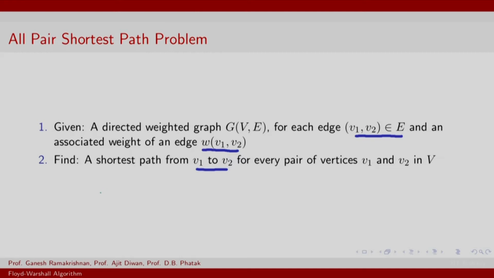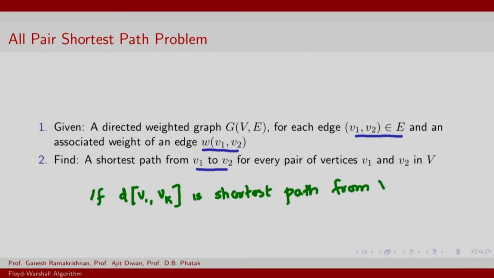The observation is that if d v1 vk is the shortest path from v1 to vk, and d vk v2 is the shortest path from vk to v2, then we expect the following.